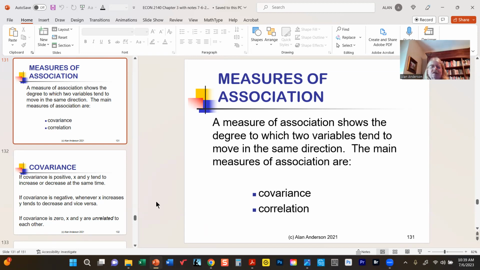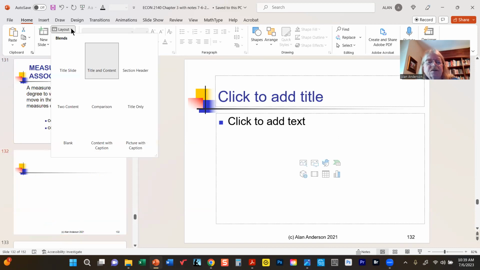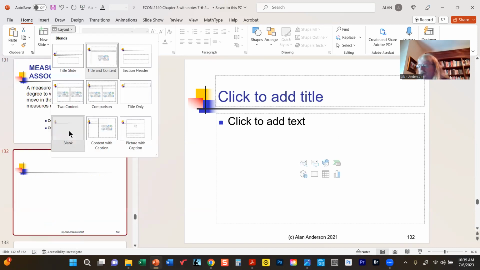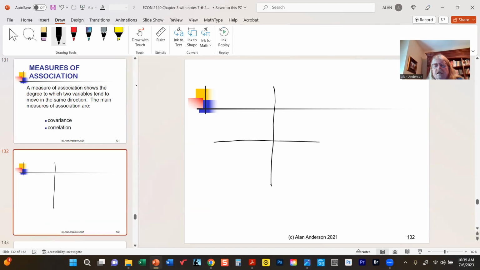Now, before we start this, I just want to show you a special type of graph that is often used to help us understand if two variables are related to each other or not. Let's say we have the following situation. Imagine we're looking at sports, and so X will be the number of runs that a team scores every year, and Y could be the number of games that they win.